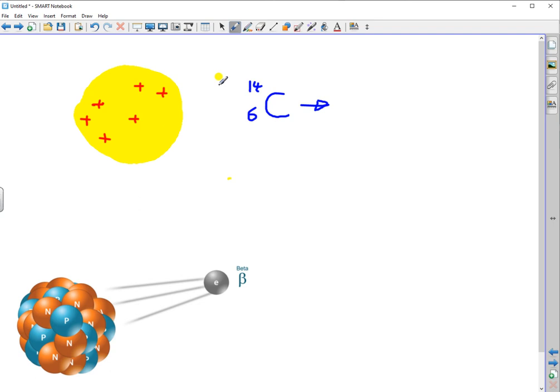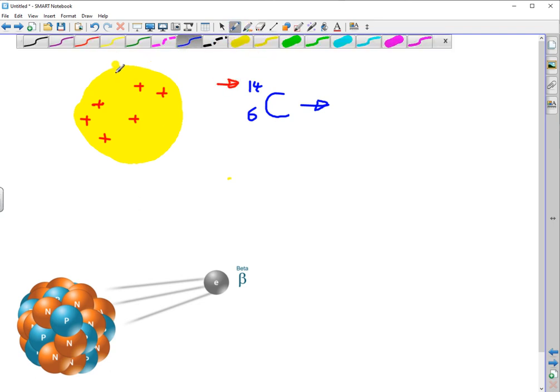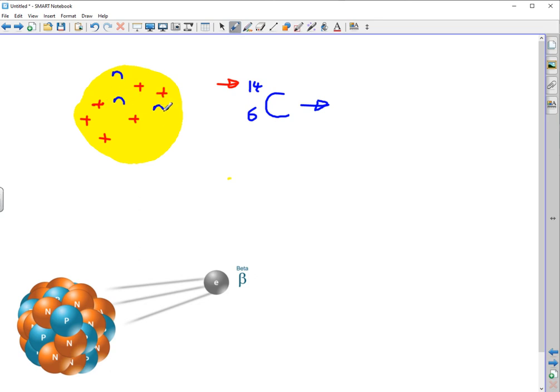Now in this isotope, because this number at the top is 14, we can see we've got 1, 2, 3, 4, 5, 6, 7, 8, because 14 take away 6 is 8, so therefore we must have 8 neutrons. And that's what carbon 14 looks like.